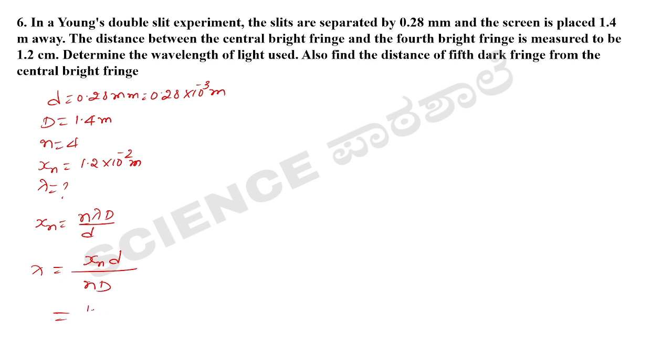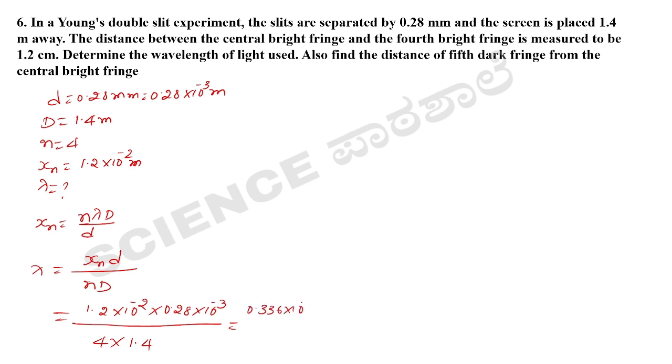Xn how much? 1.2 into 10 raised to minus 2 into small d, which is 0.28 into 10 raised to minus 3, divided by n, 4, into capital D, 1.4.